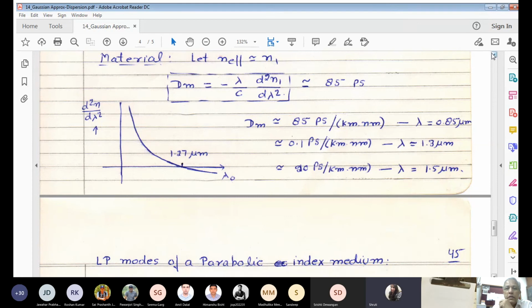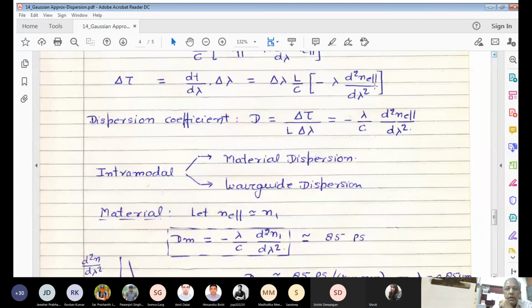Physically, I am defining the rate of time taken. See what is D? D is dt by d lambda. Delta tau is proportional to dt by d lambda. So if dm is positive, dt by d lambda is positive, it means higher wavelengths are taking higher times.